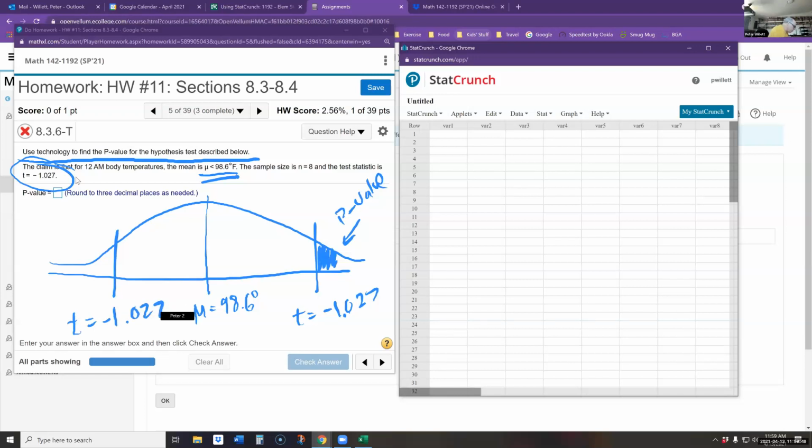So the p-value that they're asking for is the area under the curve over here to the left of that test statistic. So that's what they're asking for. Oh, that looks terrible. But I'm going to leave it.